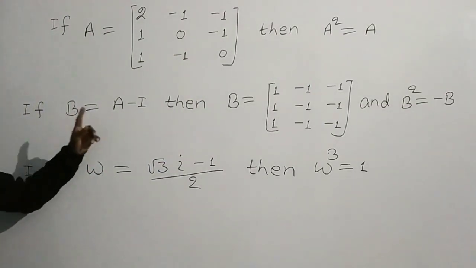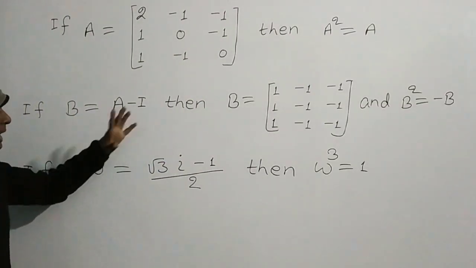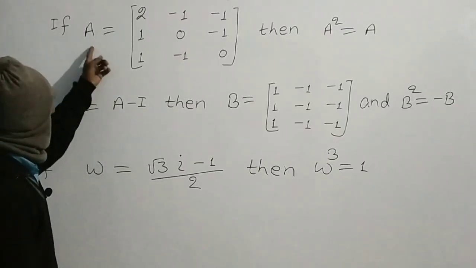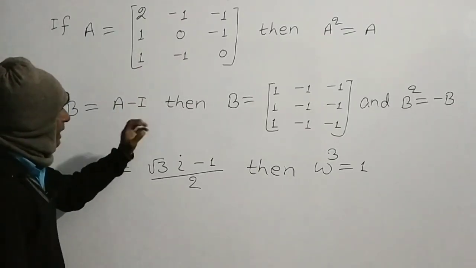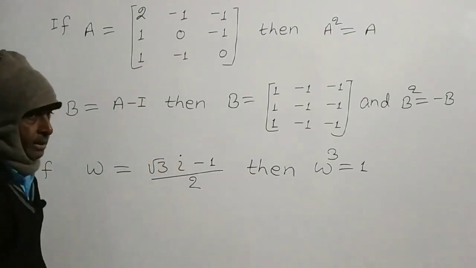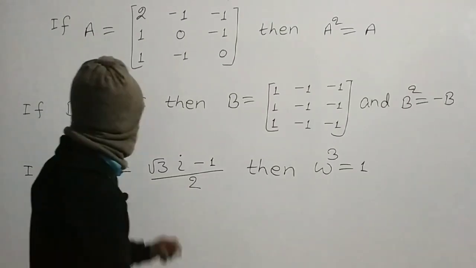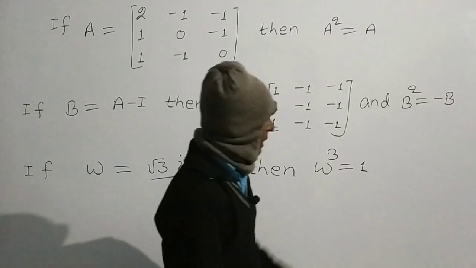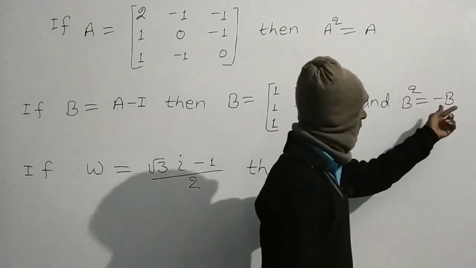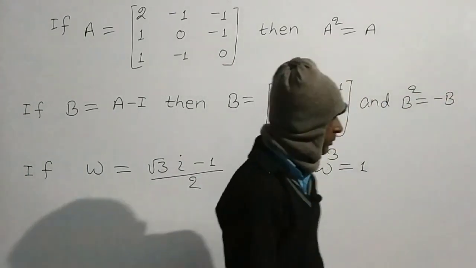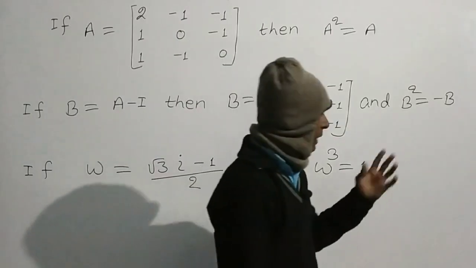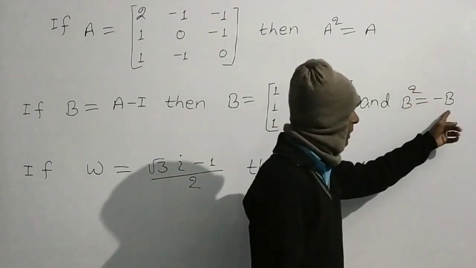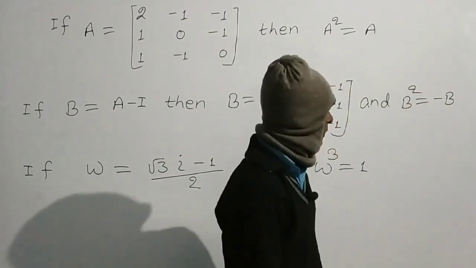If B is equal to A minus I, where A is this matrix and I is the unit matrix, then B will be equal to this matrix and B square will be equal to minus B. How can we know that B square will be equal to minus B?